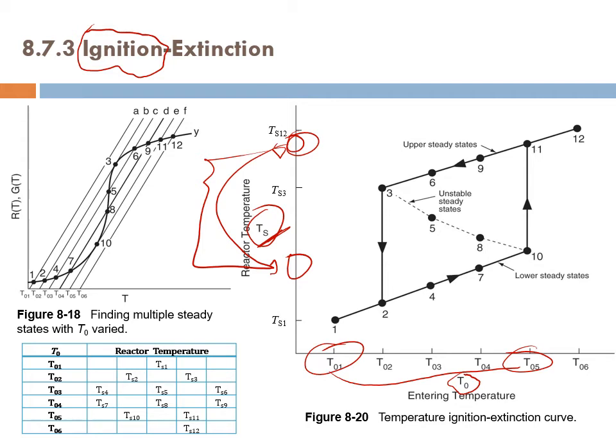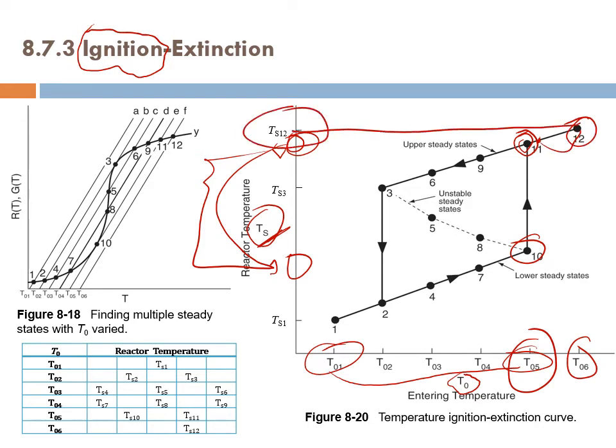So now that I'm here, I could actually go back to T05 again, and this is what I get. Here. I don't go back here, it just slightly goes back. Okay, if I increase the temperature to T06, then I go to this steady state, which is TS12. Okay.